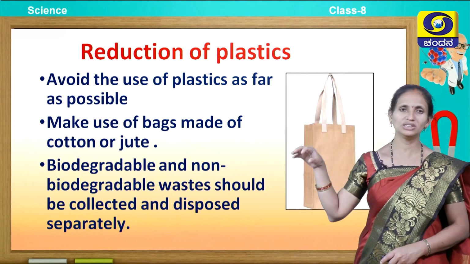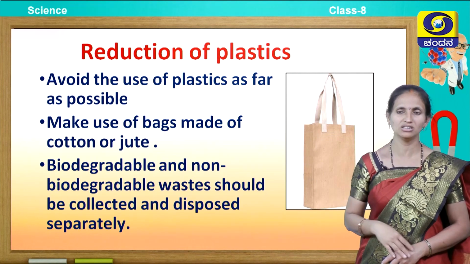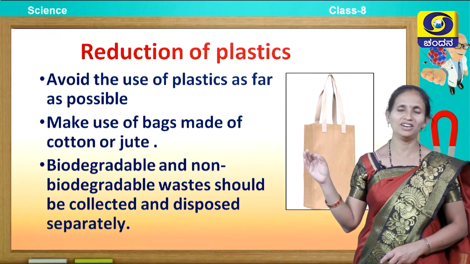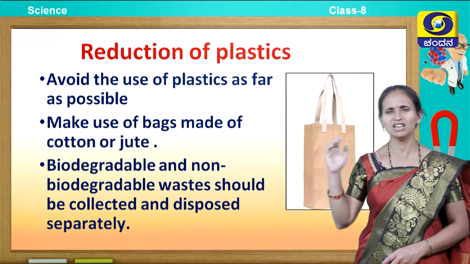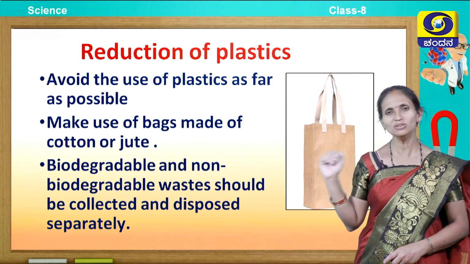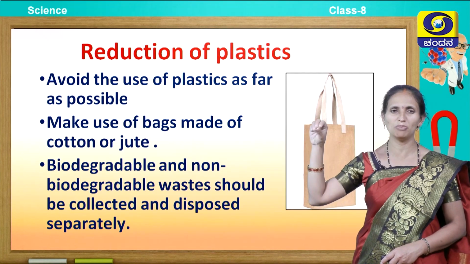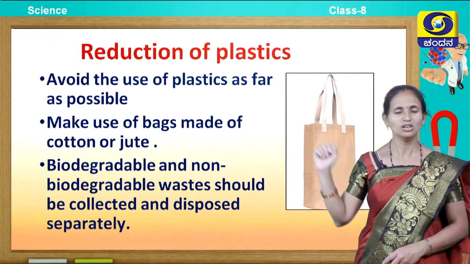How to reduce the impact of plastics on the environment? What do you have to do, children? Avoid the use of plastics as far as possible. Instead of plastic carry bags, use bags which are made of cotton or jute.